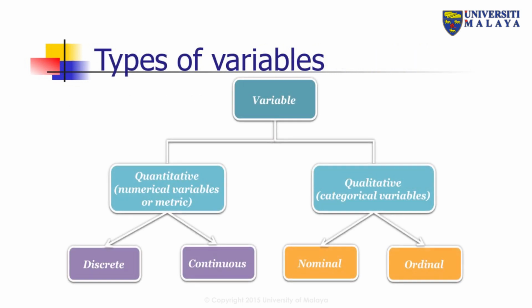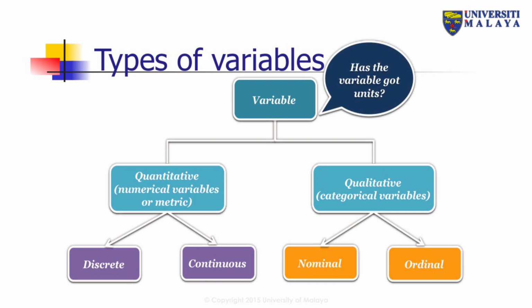Let us summarize these different types of variables in this graphical diagram. It is important to understand the different types of variables because it will determine how you should analyze your data and interpret them in a meaningful way. First, to identify the type of variable, we need to know if the variable has unit. If the data has unit, it would be quantitative data.